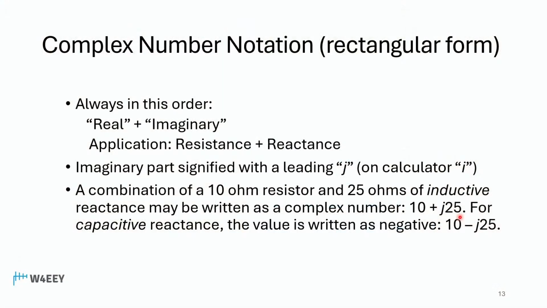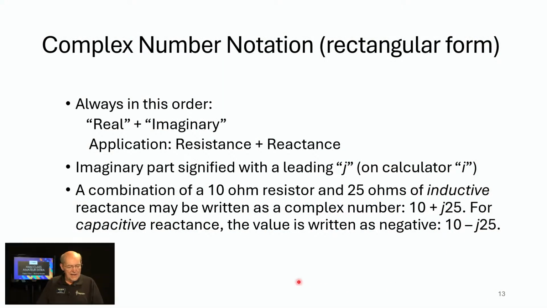Just wanted to point it out. So capacitive reactance is negative. That's why in this first example, inductive reactance is 10 plus J25. For capacitive reactance, which is going to be shown as negative on the graph, the value would be written as 10 minus J25. So that's the concept of positive and negative.